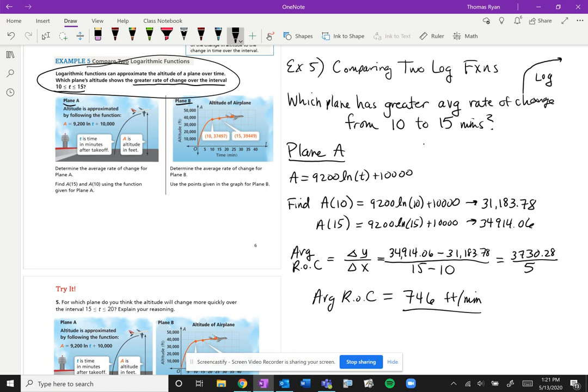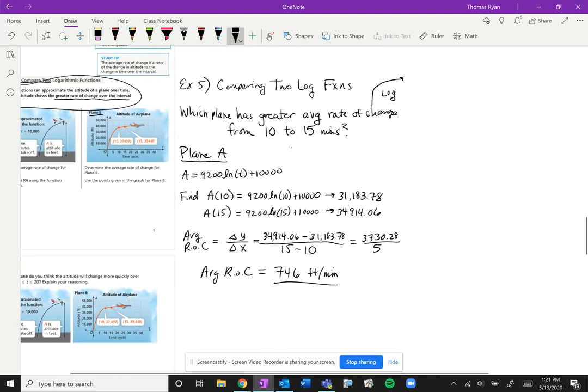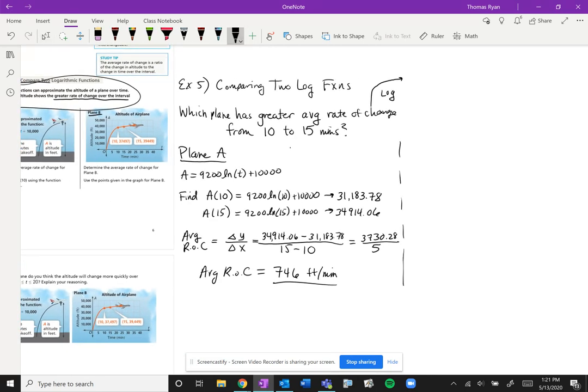So let's see how that compares to plane B. What's nice about plane B is that we're actually given our points. We have a point of (10, 37,497) and (15, 39,449). Once again, we know that our average rate of change is the change in altitude over the change in time.